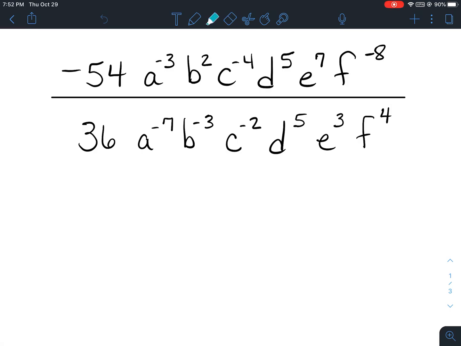So I'm going to highlight everything in the numerator that needs to move to the denominator.